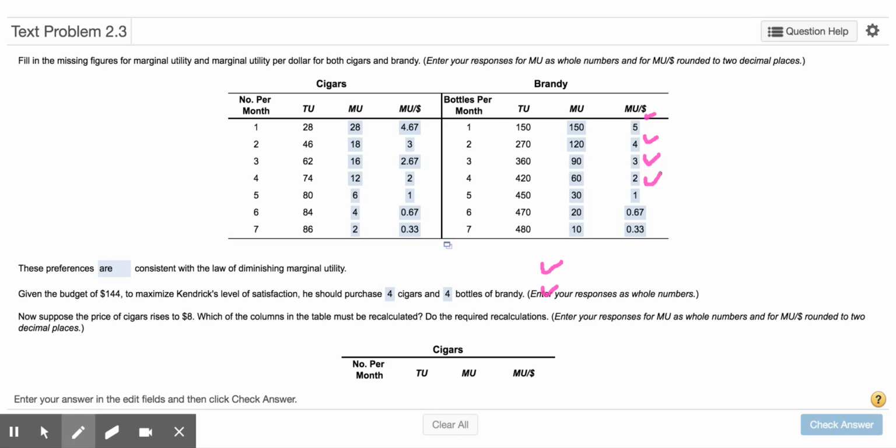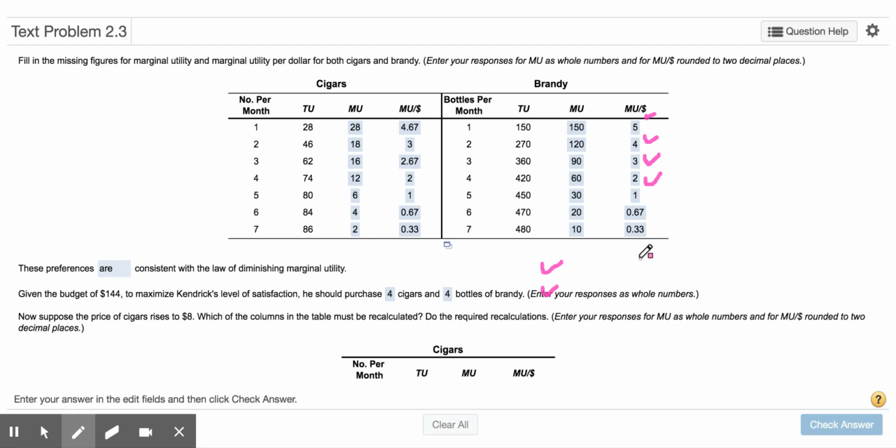So are we still within the budget constraint? 4 multiplied by 30 is 120. So far we bought 2 units of cigars, which cost $16, 8 multiplied by 2. So so far the cost is 136.